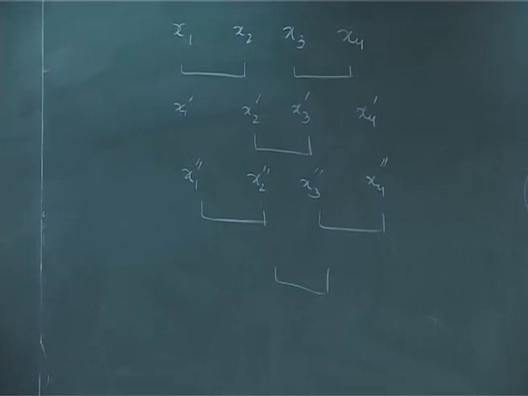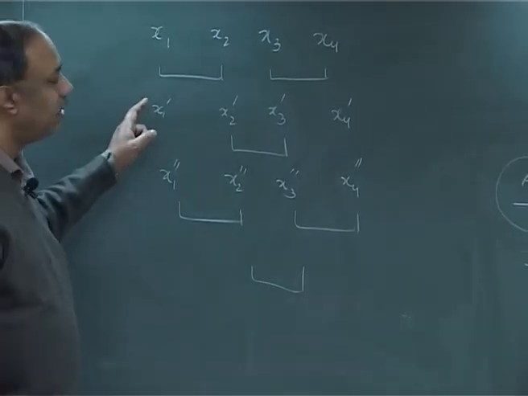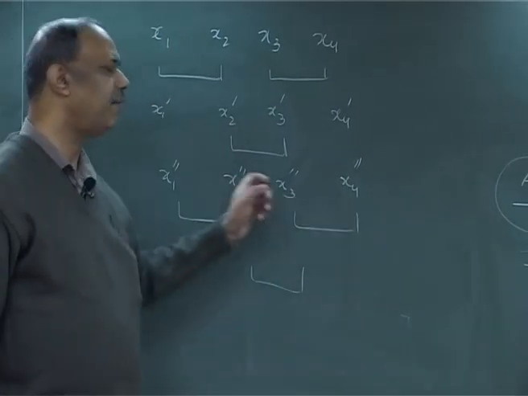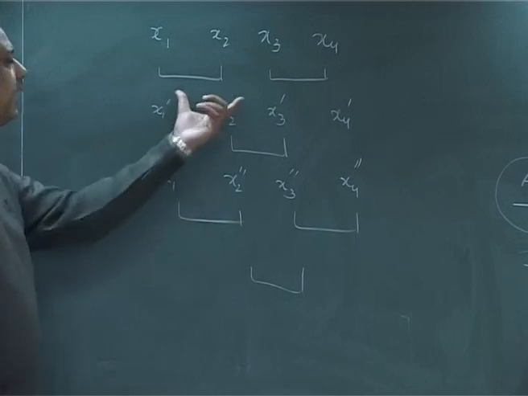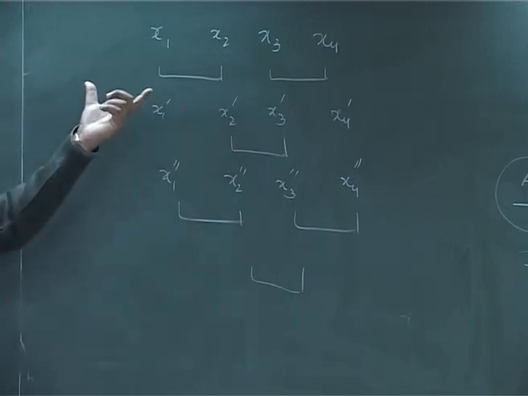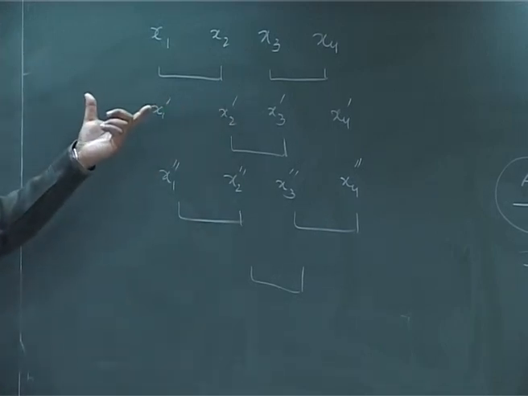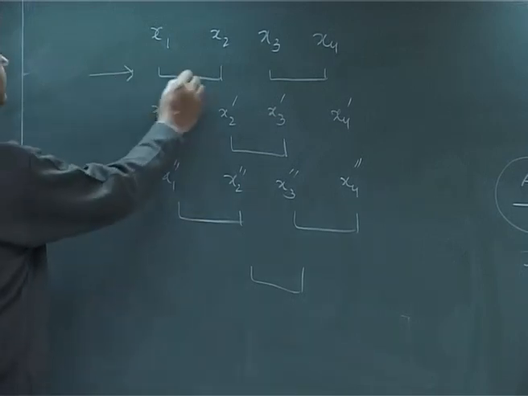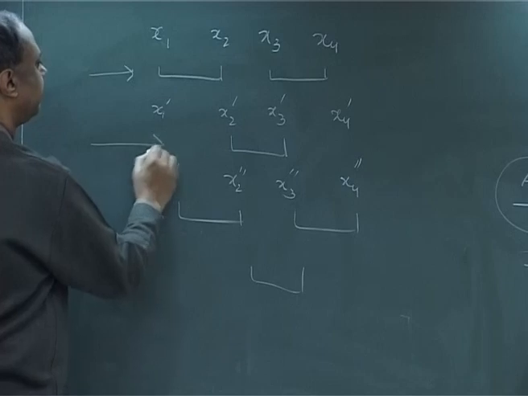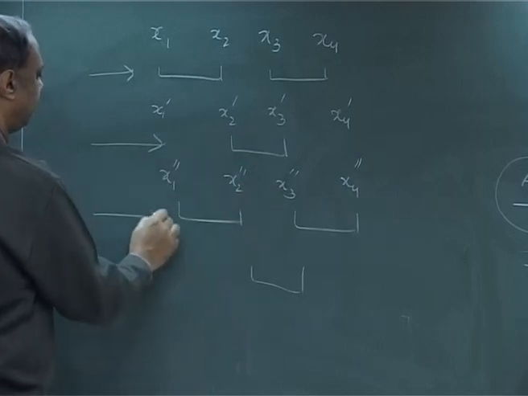So that will give you that x1 will be compared with x4. Everybody gets an opportunity to compare with every other, and in that case you can observe that there exists an inherent parallelism, right. So this can be done simultaneously, this can be done simultaneously.